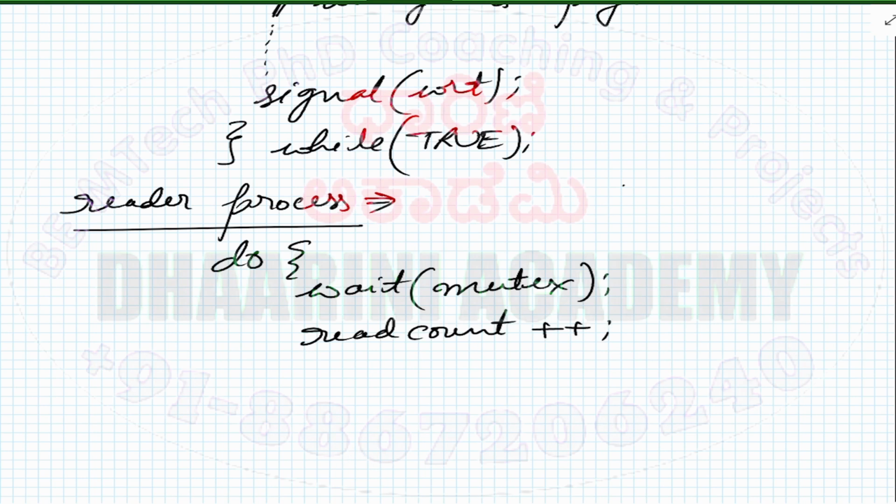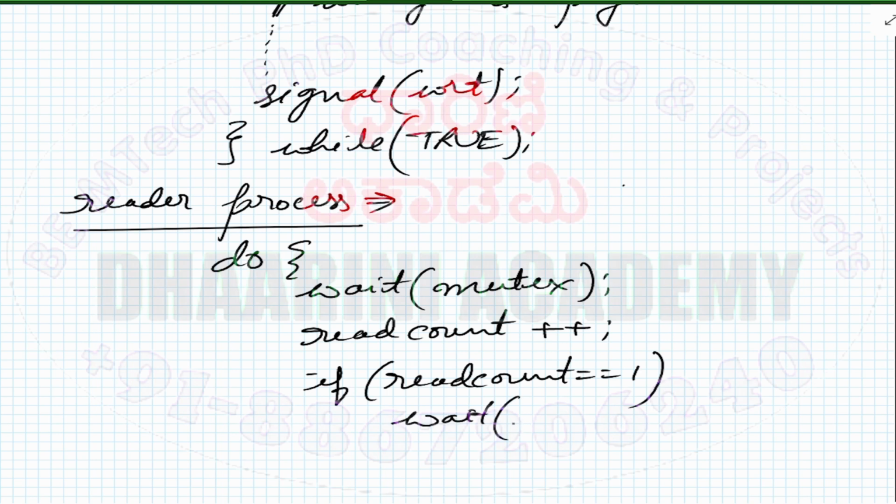Now I check if the read count is equal to 1, which means one process is reading. Then you can go with the wait of WRT.